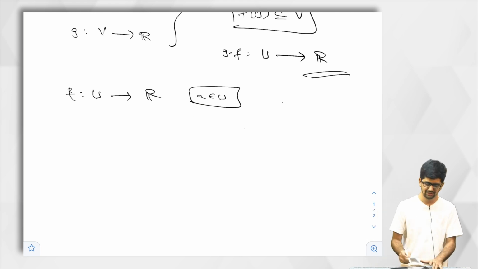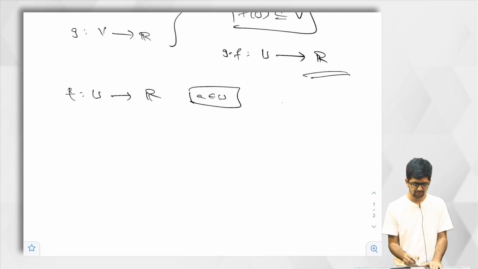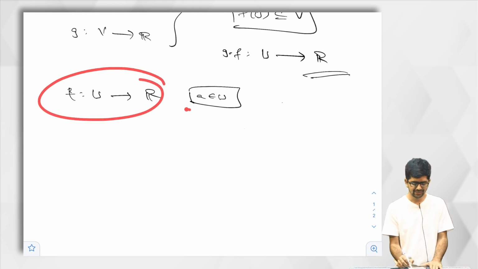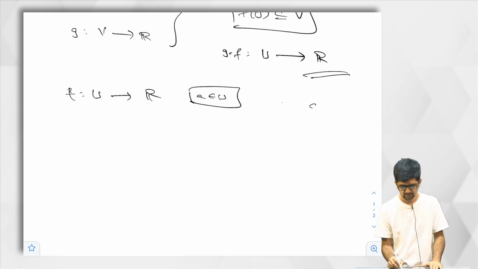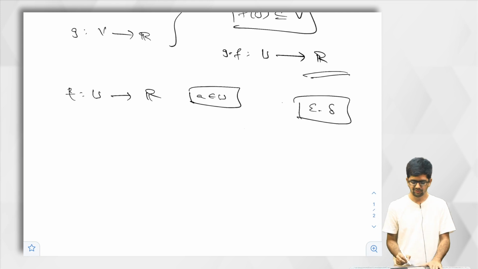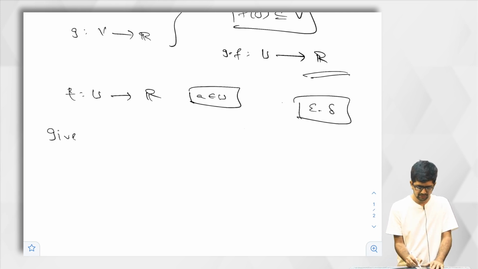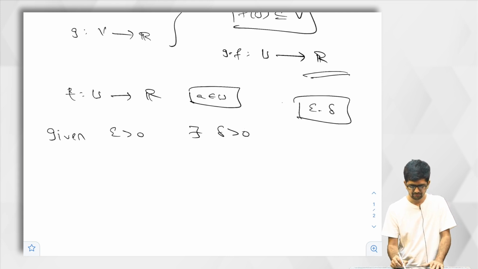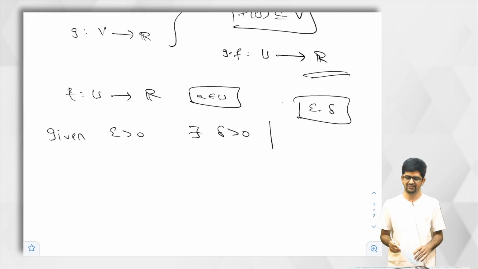Let us now introduce the continuity of f at a using the epsilon delta definition. It says the following: given epsilon positive, there exists a delta positive such that some condition is satisfied. What is it?